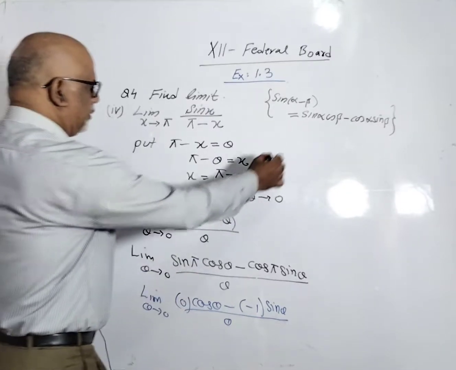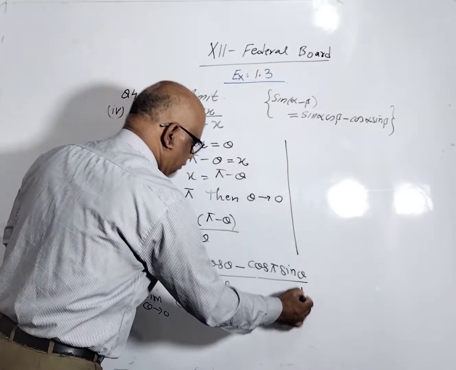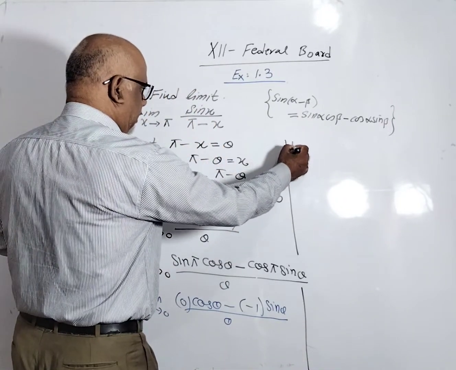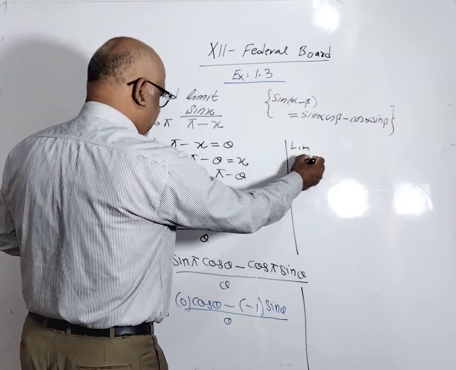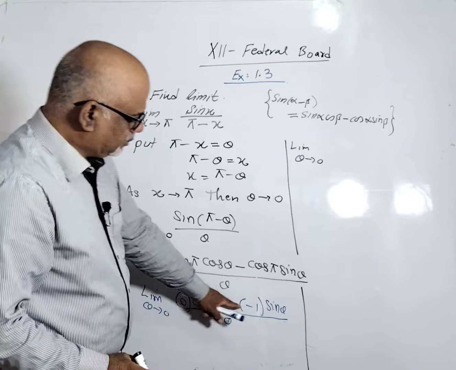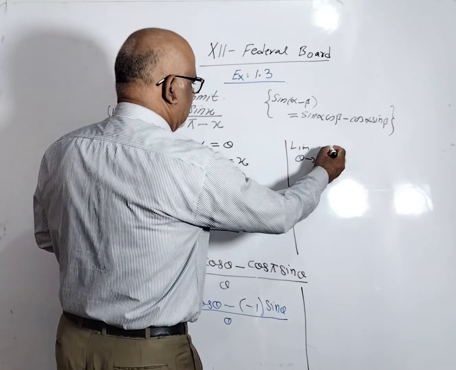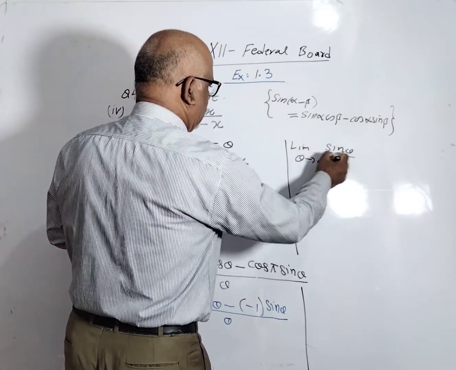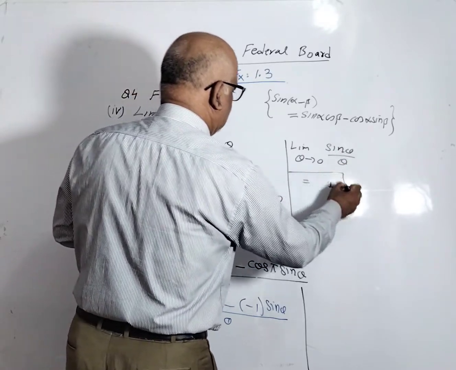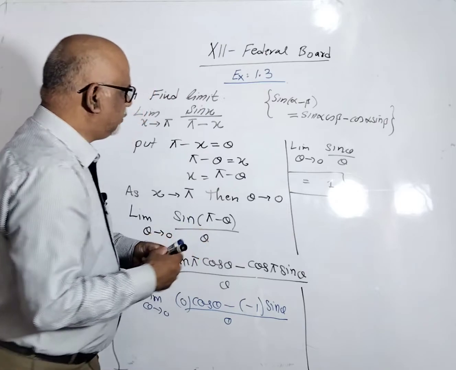So limit theta tends to 0, this factor becomes 0, and minus minus is plus. Sin theta over theta, by the sandwich theorem, equals 1. So this is the answer of this question.